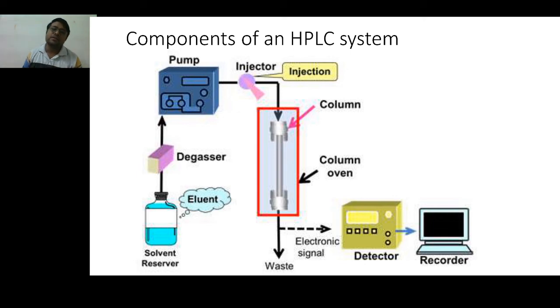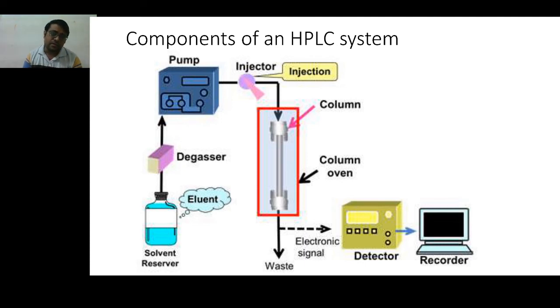Then the mobile phase goes into the column and unbinds the bound analytes and pushes them towards the other end. After some time the components come out from the column.